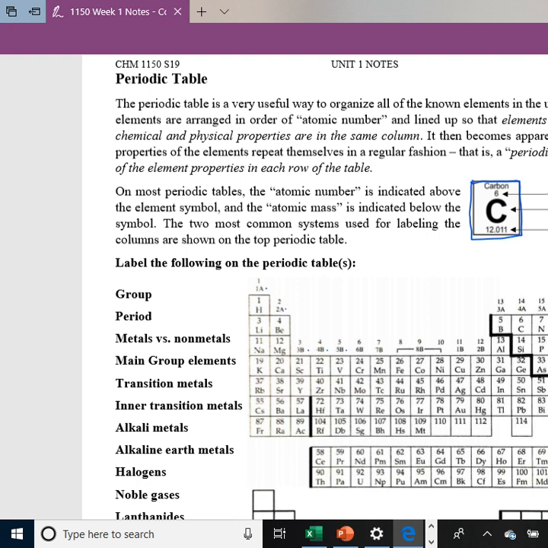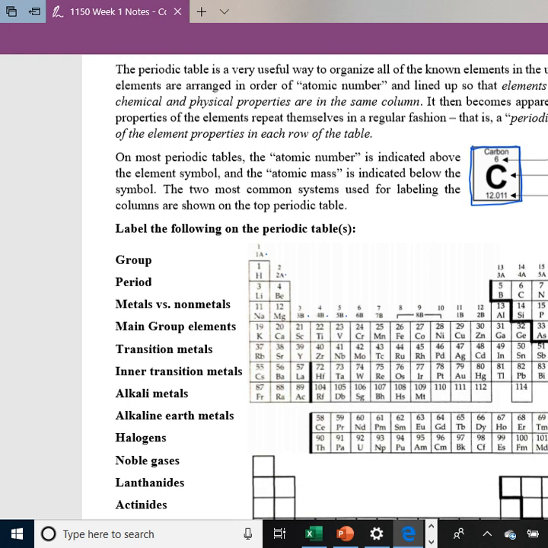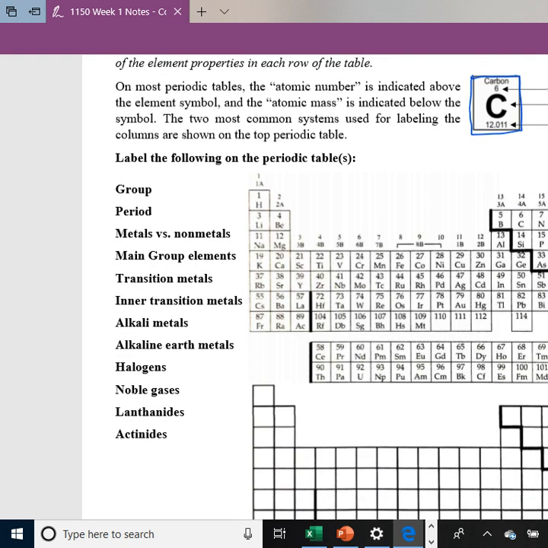And I've noticed that in a lot of engineering textbooks they just use 1 through 18. The 1, 2, 3, 4, 5, and on through 18. So both of those classification systems are in use. Neither one is more correct than the other, but just understand that if you see one or the other, they're referring to the same thing. Okay, so let's label the following on the periodic table.